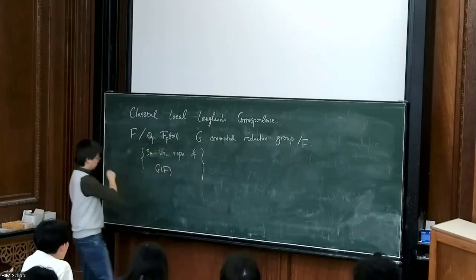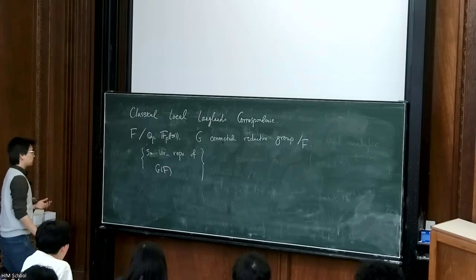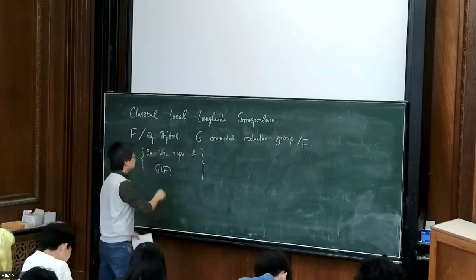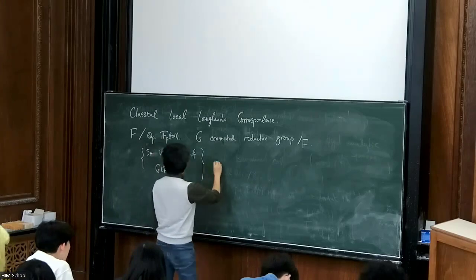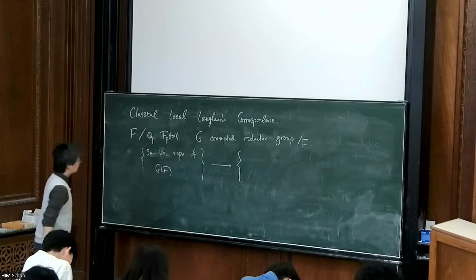At the beginning of the theory, it says with C coefficients, but of course, for arithmetic applications, you want to also consider other coefficients like F_l, F_p. But very roughly speaking, this is such data.